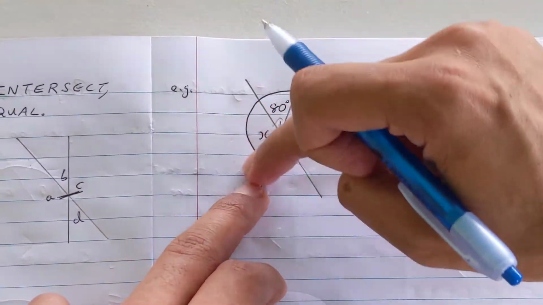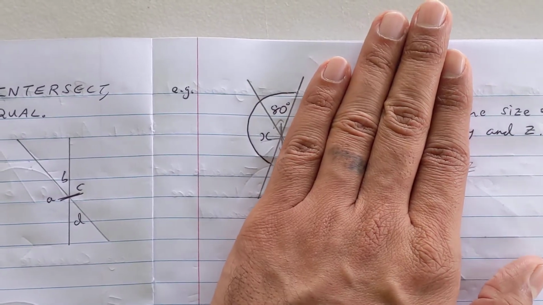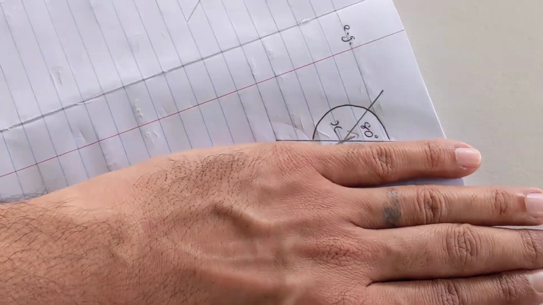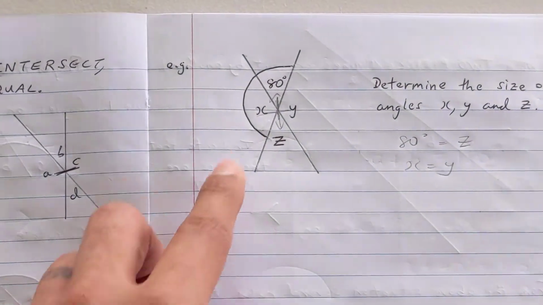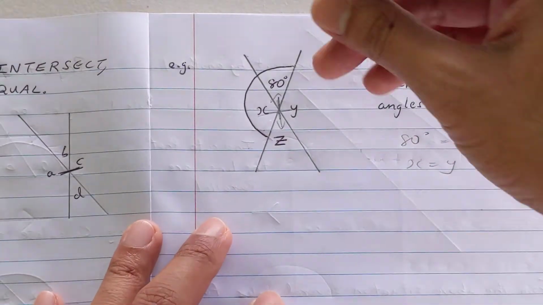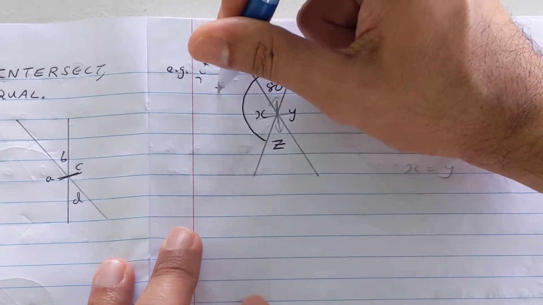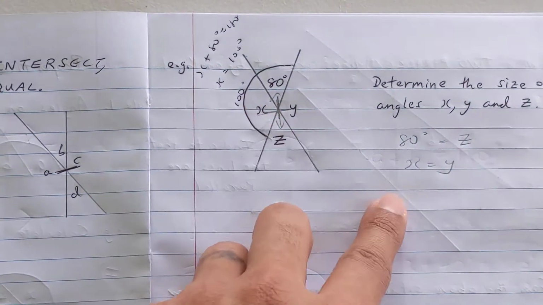If I cut off this other part here, and maybe you're not seeing it as well, but if I straighten it up a little bit, look, I have it on a straight line there. These two pieces have to add up to 180. So X plus 80 is going to be 180. So X will be 180 take away 80, so X is 100, because 100 plus 80 equals 180.